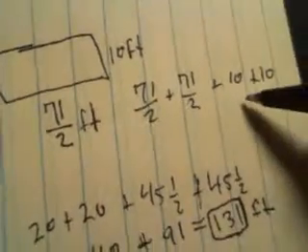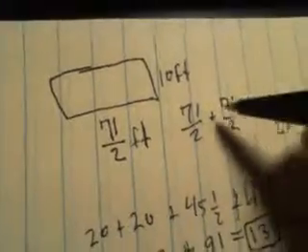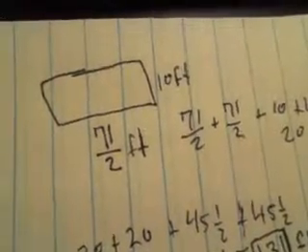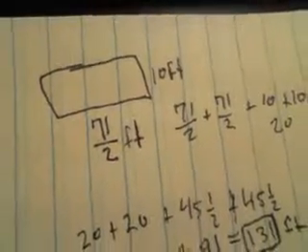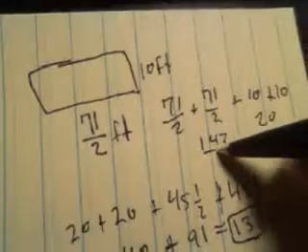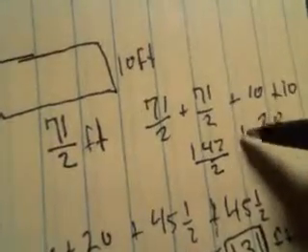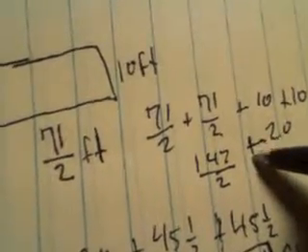So this part right here gives us 20, and then what's 71 over 2 plus 71 over 2? Well, that's 142 over 2. So let me write that there. And what is 142 over 2? Does that simplify? Oh, by the way, let me bring down this little plus sign right here so we don't get confused.